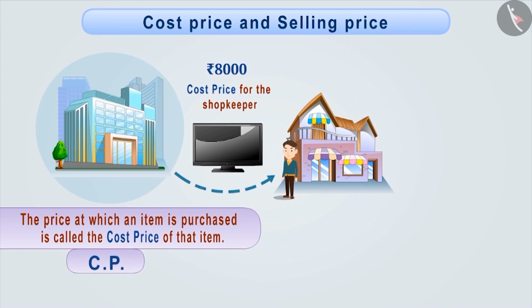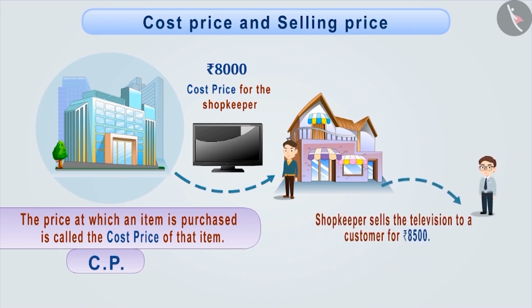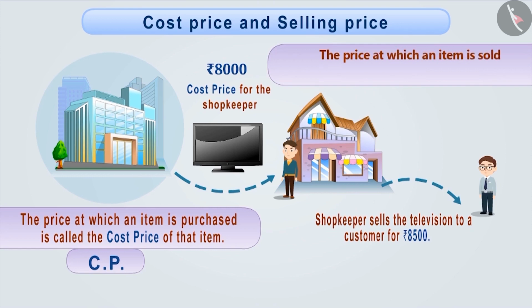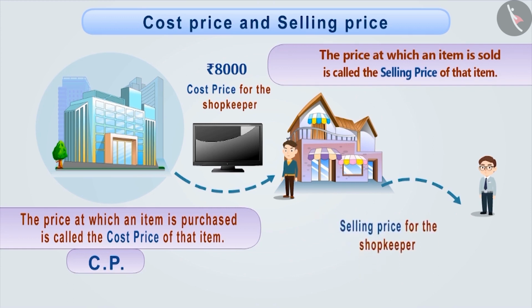Now suppose the shopkeeper sells the television to a customer for rupees 8,500. The price at which an item is sold is called selling price of that item. The selling price of the television for the shopkeeper is rupees 8,500. Selling price is simply written as SP.